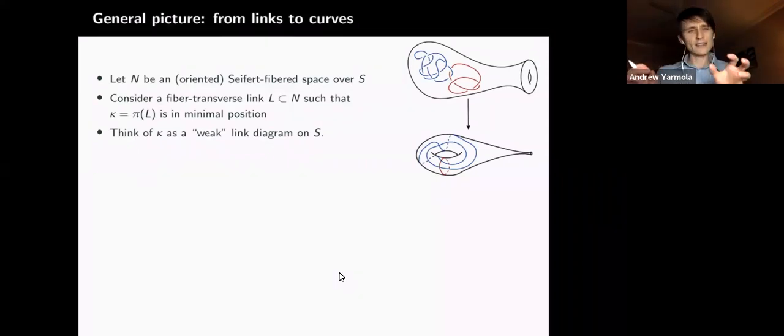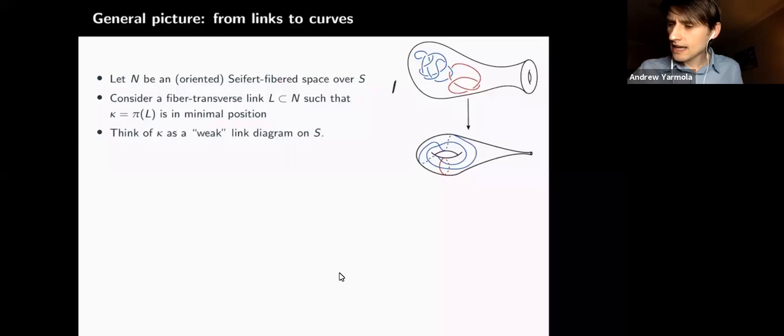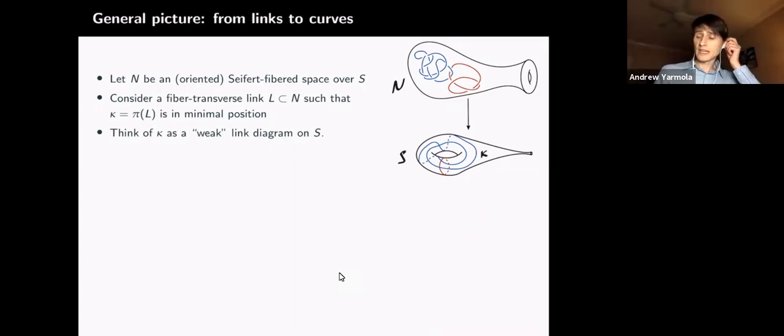So this is where, again, thinking of kappa as this weak link diagram is very helpful. We have this link upstairs in N, and we have here our surface S, and we have our curves kappa here. And what we really want to do is replicate the behavior that we did there. We want to find these separating surfaces.